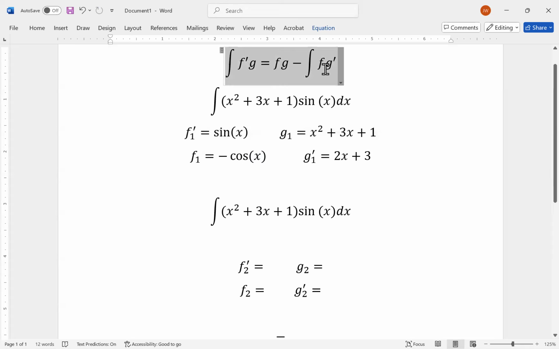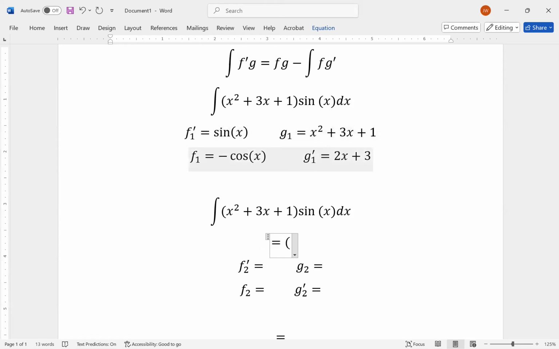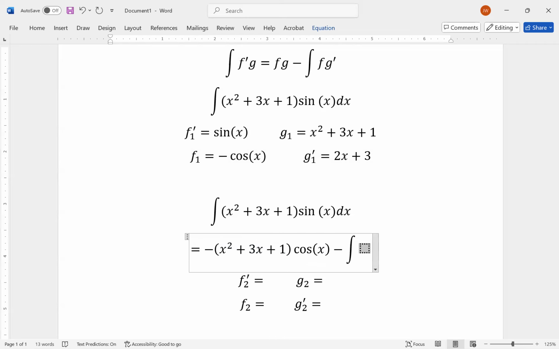So the integration by parts formula says that this integration is going to be equal to f times g, x squared plus 3x plus 1 as a polynomial, multiplied times negative cosine. I think I'll put the negative out front. Minus the integration of f times g prime.